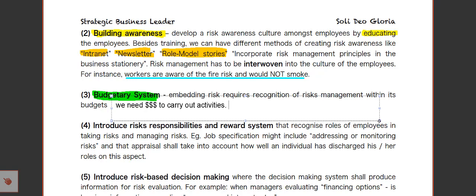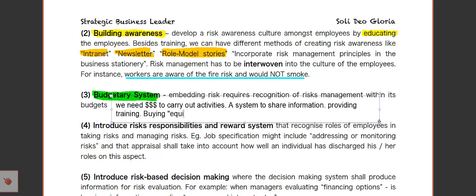Now, it can be as simple as, for instance, a system to share information, providing training, okay, buying equipments. They all cost money. So if your budgetary systems have not catered for that, you're basically not going to have it.